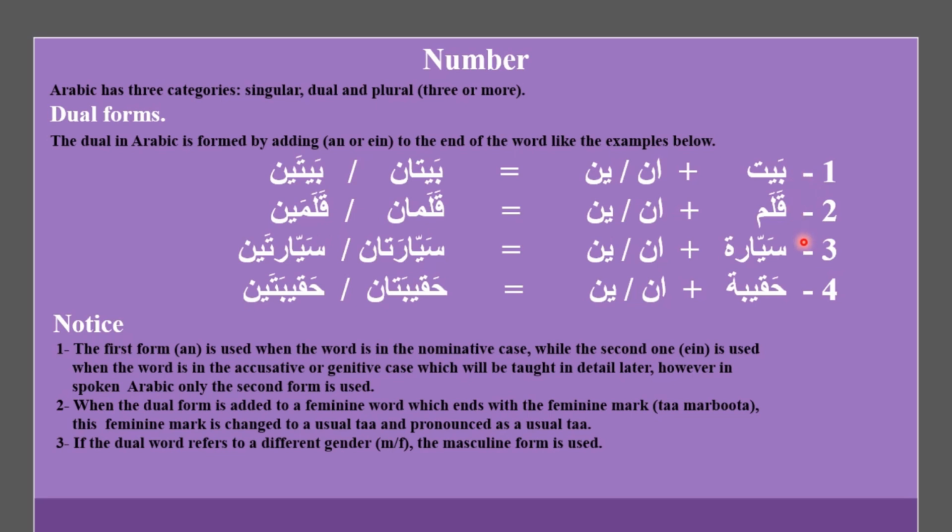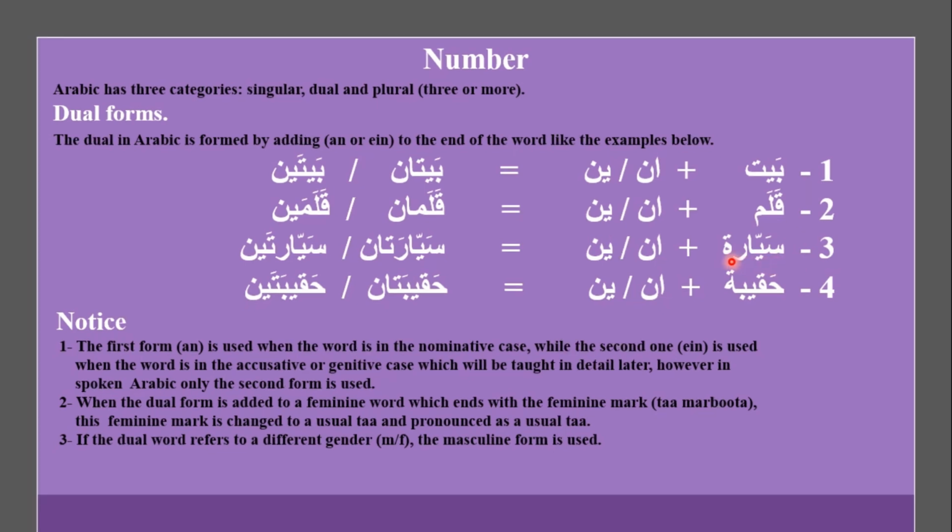As you see, bayt and qalam are both masculine. But if you have a feminine word, like sayyara, which ends with a feminine mark, or haqiba, bag, also ends with a feminine mark. Here, go to notice 2.